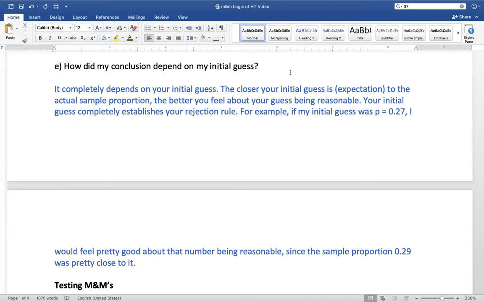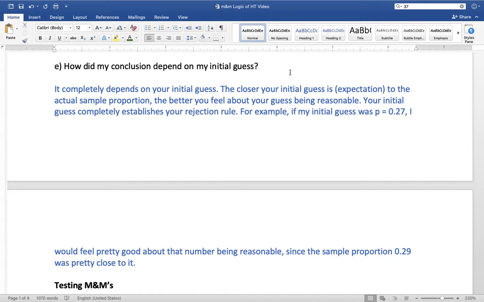So, your conclusion is dependent upon what your initial guess was. I mean, it has to be. I think everybody listening to this would agree that if you would have guessed a proportion of 0 unpopped kernels, you all would have felt like, well, that's not going to be right, because it's pretty unlikely that I'm going to have 0 unpopped kernels.